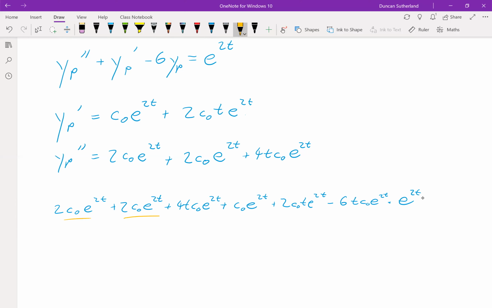This one, this one, this one, they all match. This one and this one all match. 2 plus 2 is 4, plus 1 is 5. 4 plus 2 is 6, minus 6 is 0. So once again, this t term disappears, which is great news because we haven't got a t e to the t term here to match with on the right-hand side.